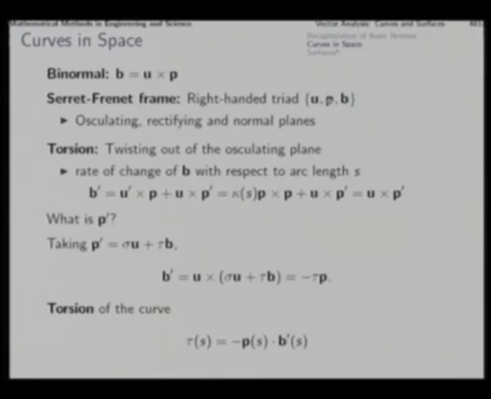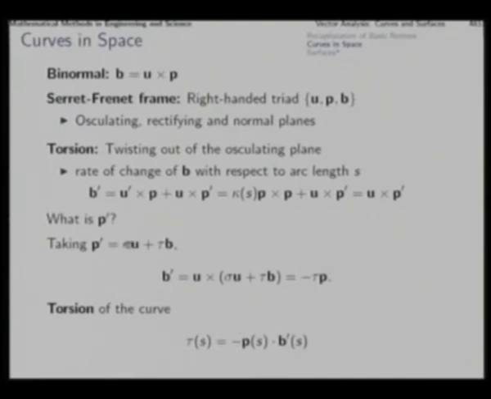Now, what about p prime? Here we assumed that p prime is a linear combination of u and b, because we knew that it must be in the plane of u and b, but this sigma and tau we did not determine at that time. Tau turns out to be the torsion of the curve, and that is how it is defined.